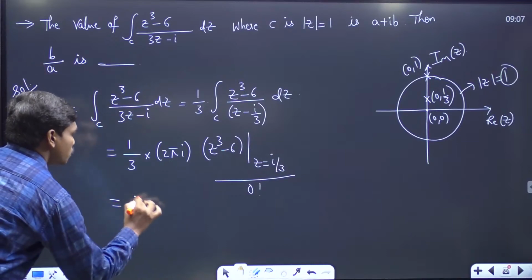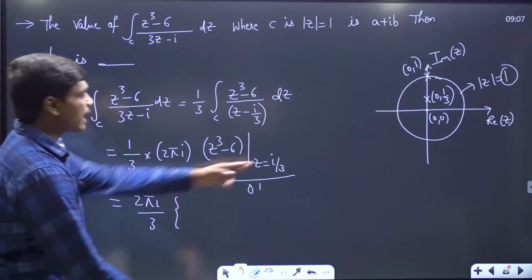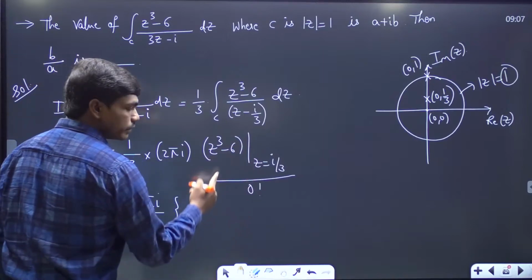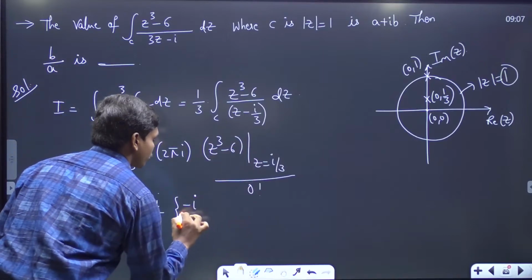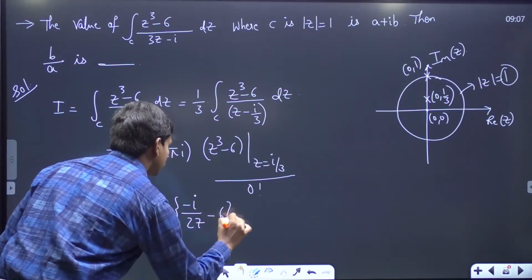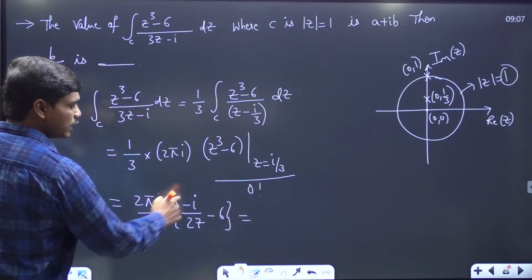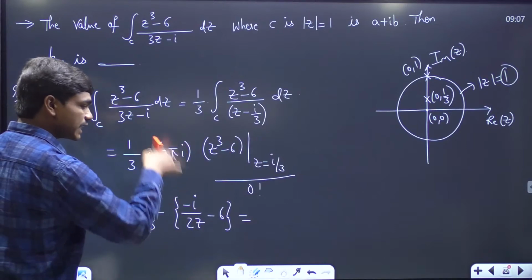So 2 pi i divided by 3 into, if you put i by 3 here, i cube is minus i, divided by 3 cube which is 27, minus 6. If you multiply the things, 2 pi i into minus i into minus i is minus i square, which is 1.